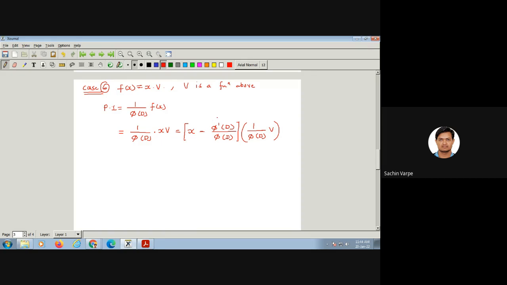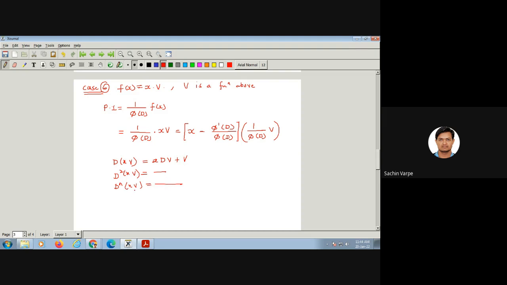This is the formula, and if you want to see the logic behind it, you do the same thing. You start with taking derivatives of xv by the product rule, that is x dv plus v into the derivative of x, that is 1, so v. Then d square of xv, up to d raised to n of xv.